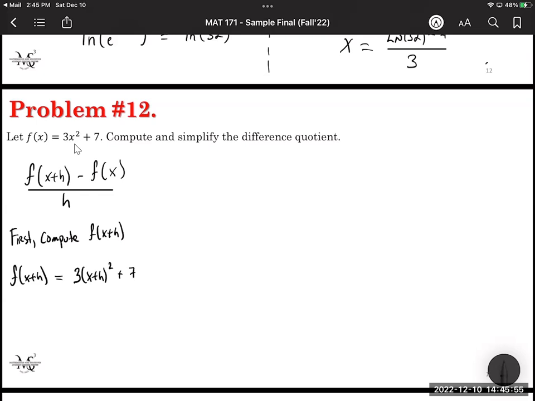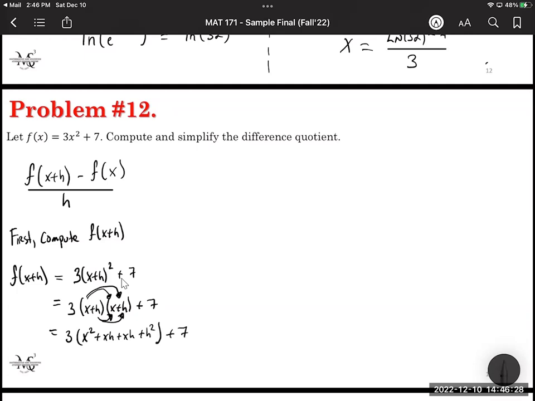Now, x plus h squared is the same thing as x plus h times x plus h, plus 7. So this allows me to FOIL. If I FOIL this, we take x times x, which is x squared, x times h, which is xh, h times x, which is also xh, and then h times h is h squared.